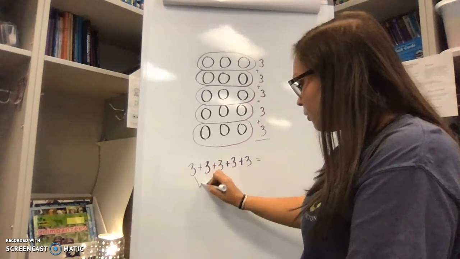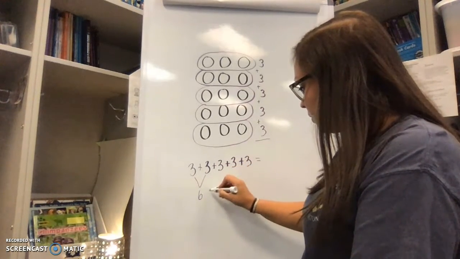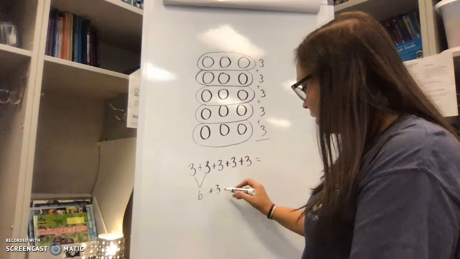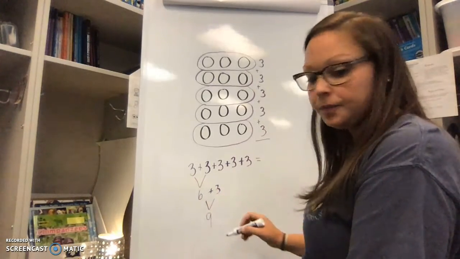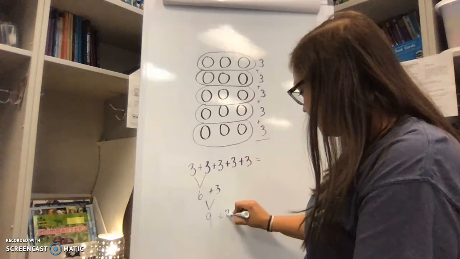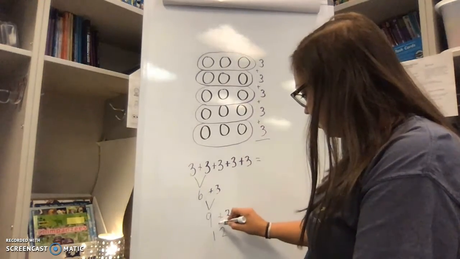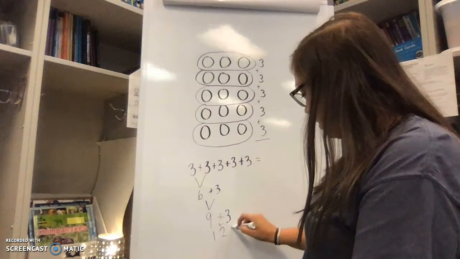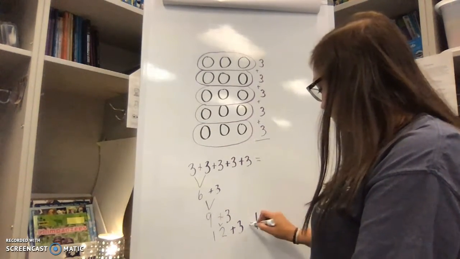And I know 3 plus 3 is 6, and 6 plus 3 is 9, and 9 plus 3 is 12, and 12 plus 3 is 15.